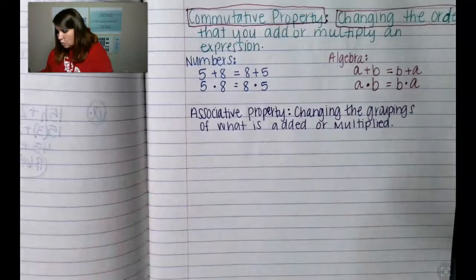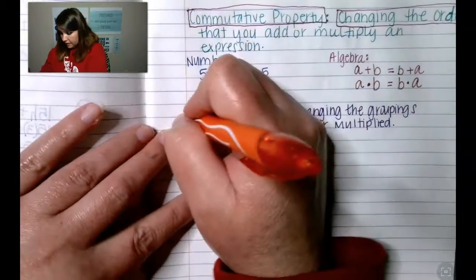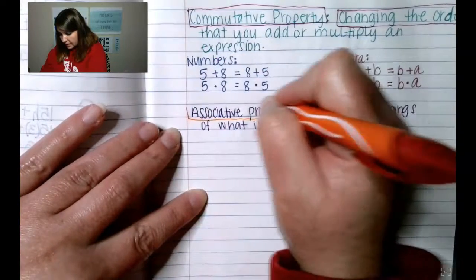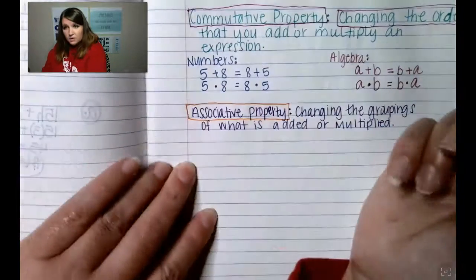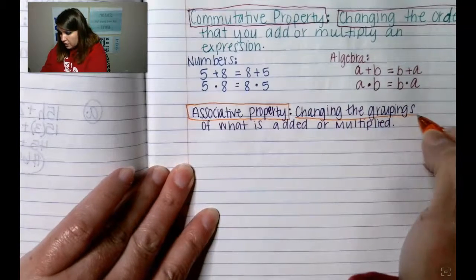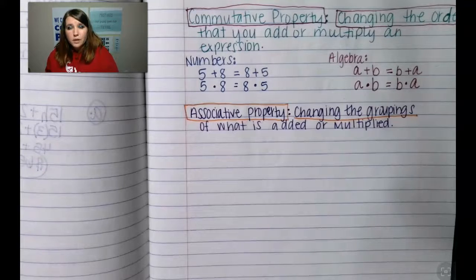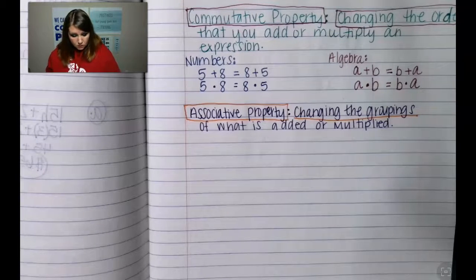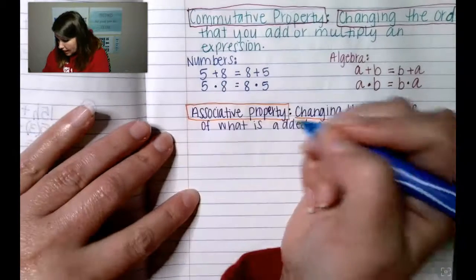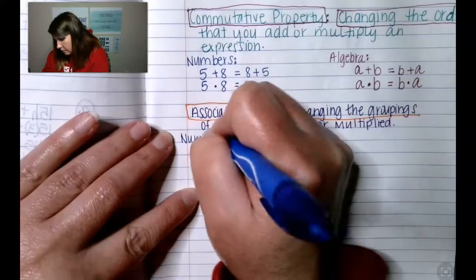All right, so what in the world does this mean? It means that the associative property tells us that when I move my parentheses around, it does not move the equal sign. It doesn't move the totals around. It just moves what's being added. So let's check it out in numbers.